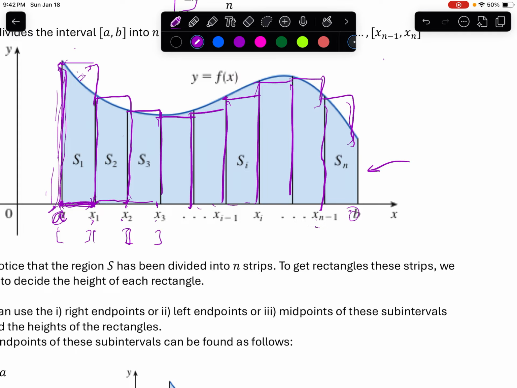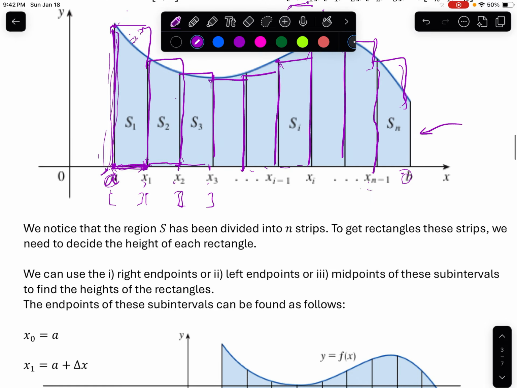So now, in order to find the height of the first rectangle, what do I have to do? I have to get this value. How can I get that? Well, this height is coming from here.